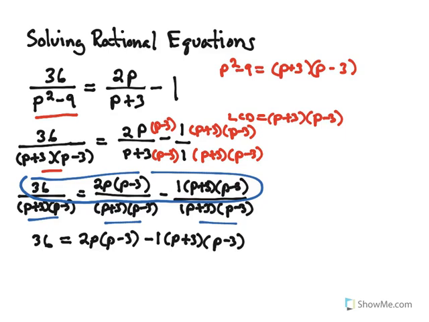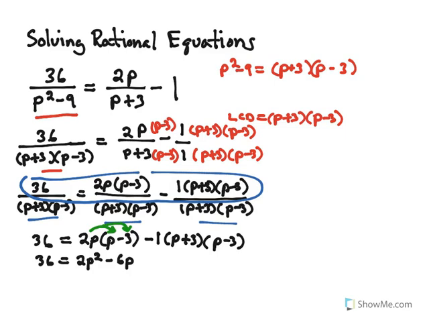We're going to take 2p times p, and then 2p times minus 3. So when we do that, we get 36 equals 2p squared, and then 2p times minus 3 is minus 6p.